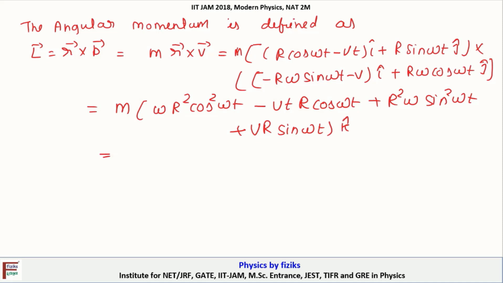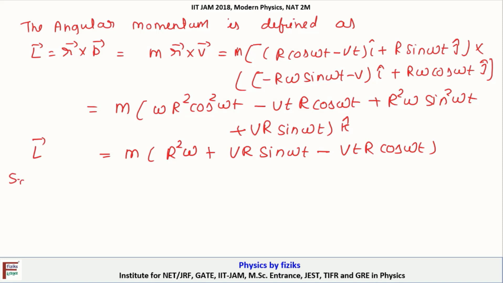This is further simplified to m (r square ω plus vr sin ωt minus vtr cos ωt).